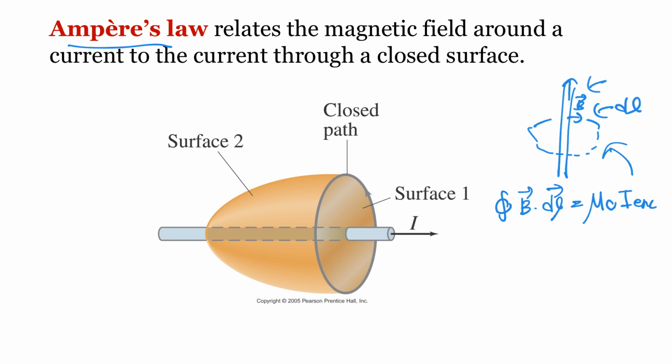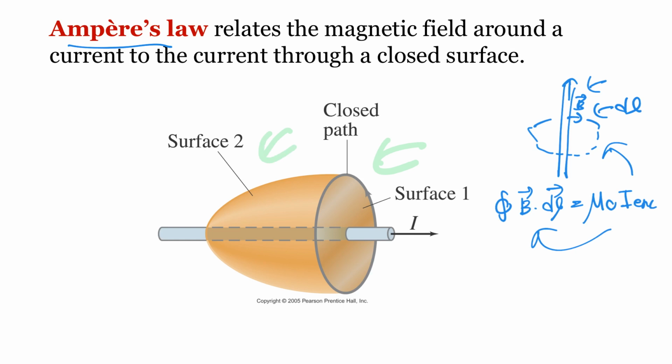You have a current flowing inside the wire, and then you have a closed loop over it, which means you can calculate the net magnetic field. From here you can see that we have surface 1 and surface 2.